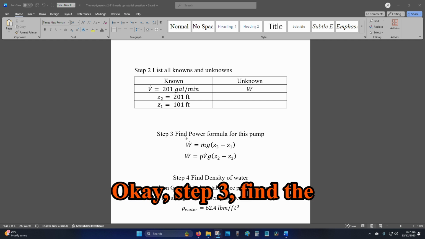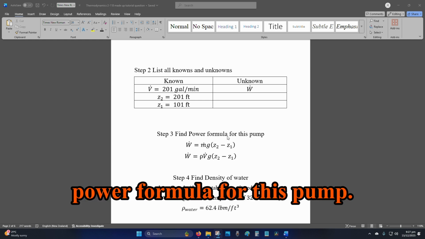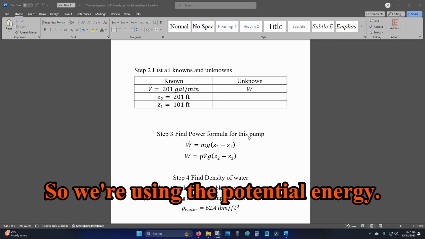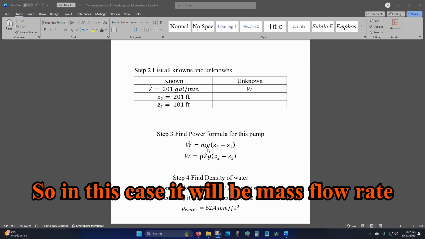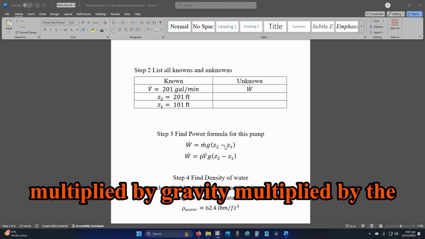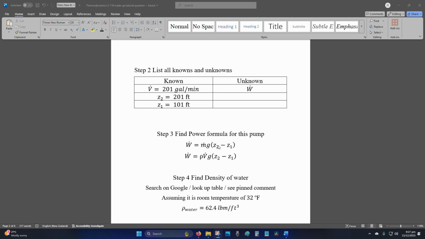Okay, step 3. Find the power formula for this pump. So we're using the potential energy. So in this case, it will be mass flow rate multiplied by gravity multiplied by the change in elevation.